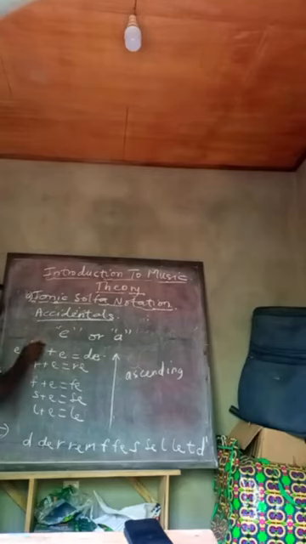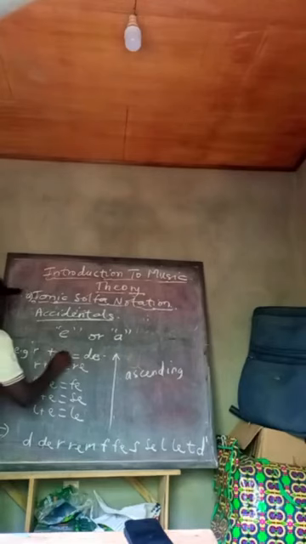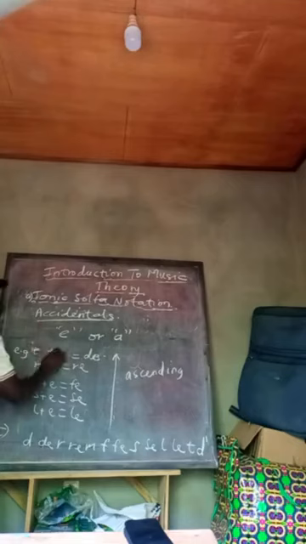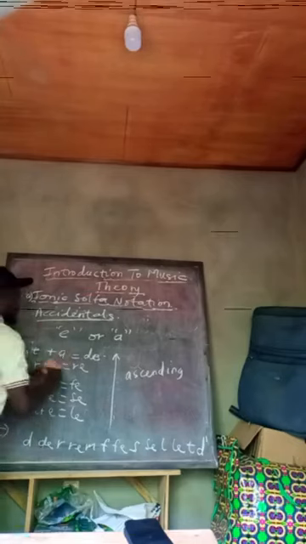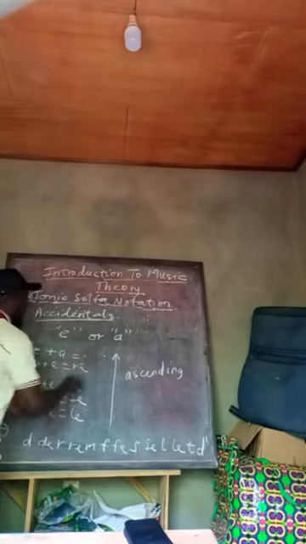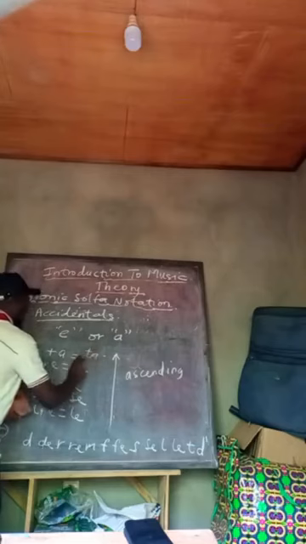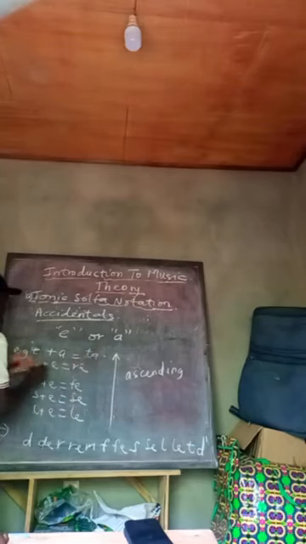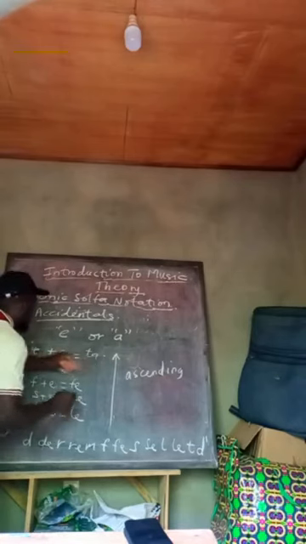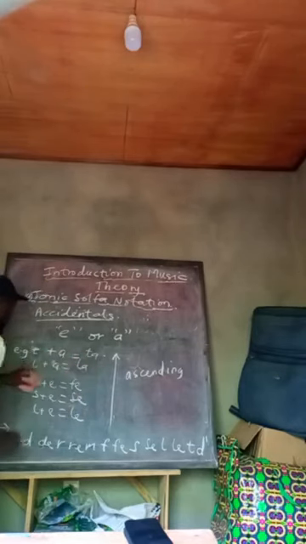So when descending, you start from up. Ti plus A gives you Te, and La plus A will give you Le.